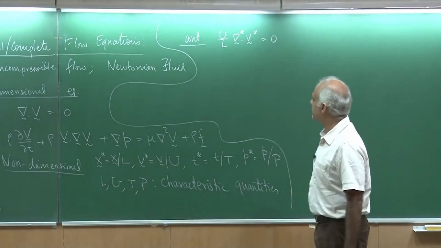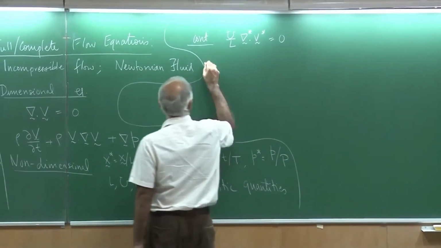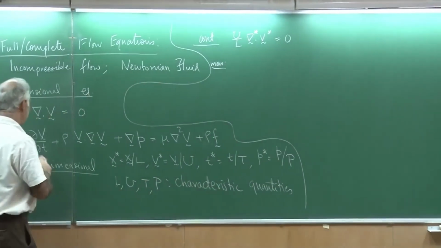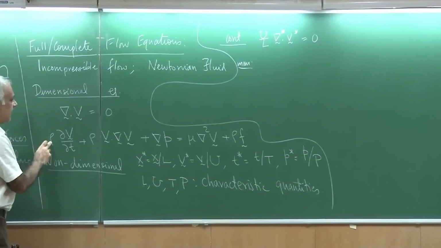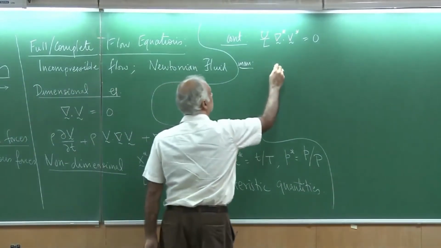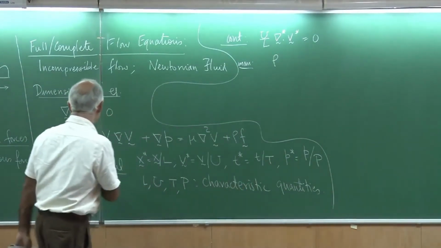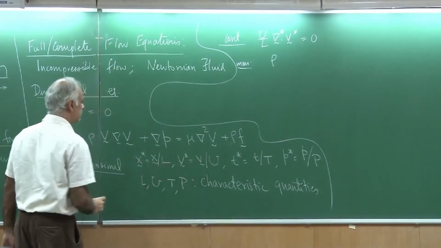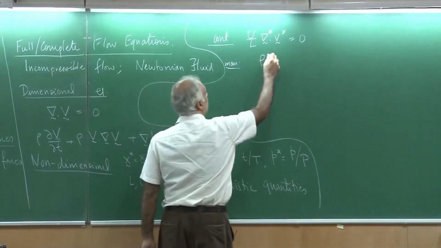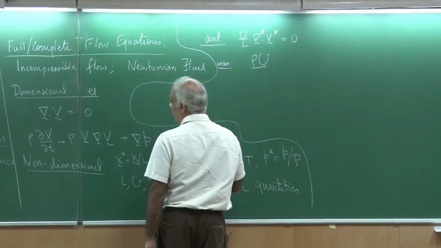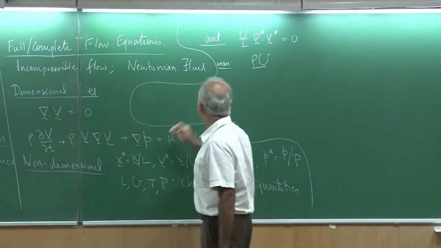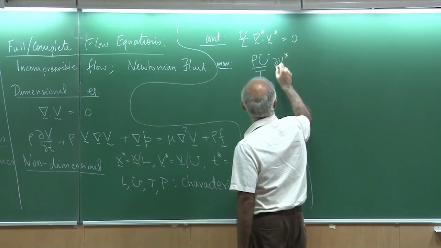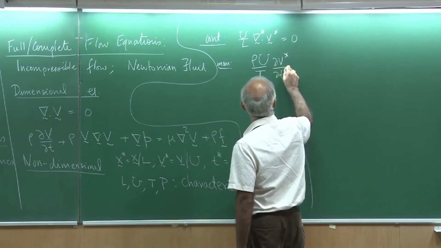That's my continuity equation. All right, let me write down the momentum equation. For the first term, I get a rho, and for this V, I can write V star times U, so I get a capital U, and for the time derivative, I get a T here, and this would be del V star by del T star.